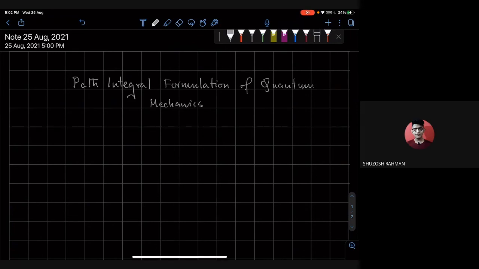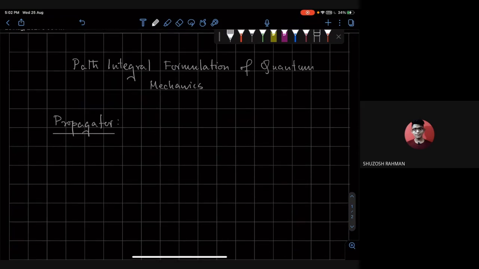So before we start to discuss the nitty-gritty of the path integral, we need to revisit the idea of a propagator. So consider the time evolution operator.